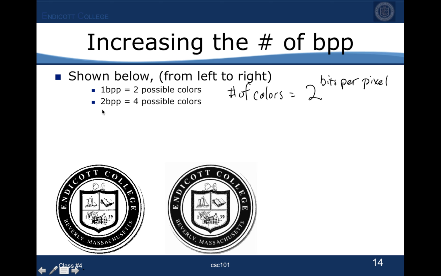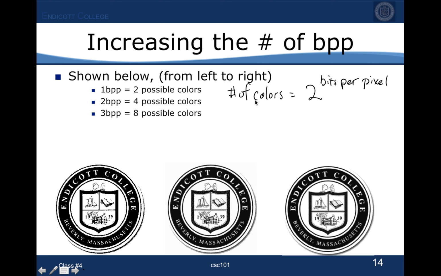And if I go up to 3 bits per pixel, then I should have 2 to the 3, which is 8 possible colors. And notice the difference is not super noticeable, but I think you can tell a little bit, especially if you look at some of the details.